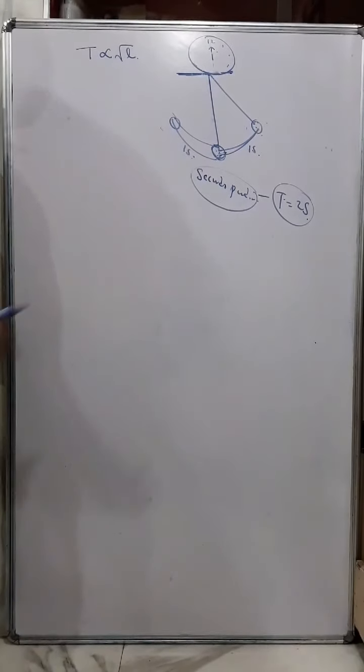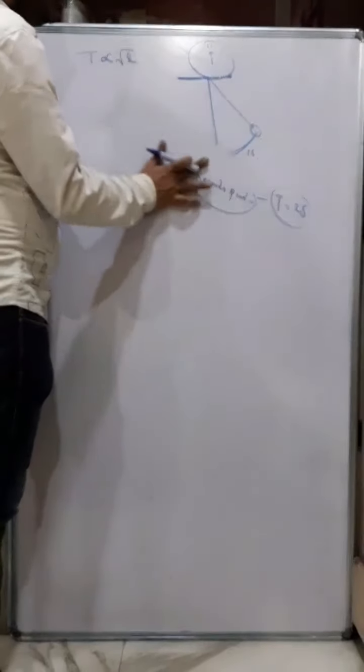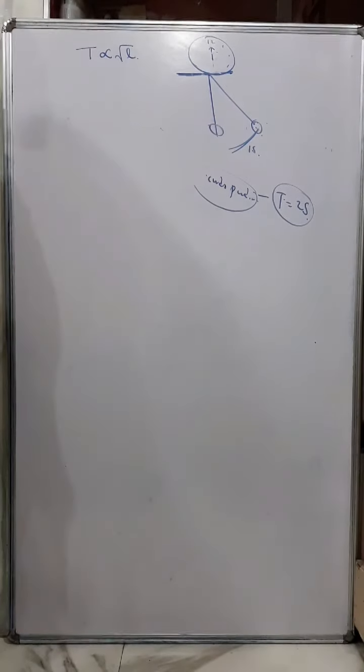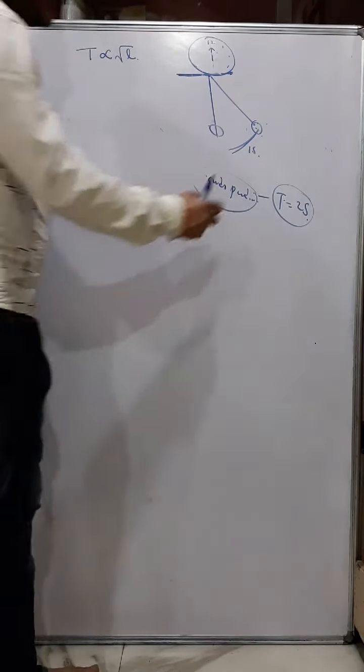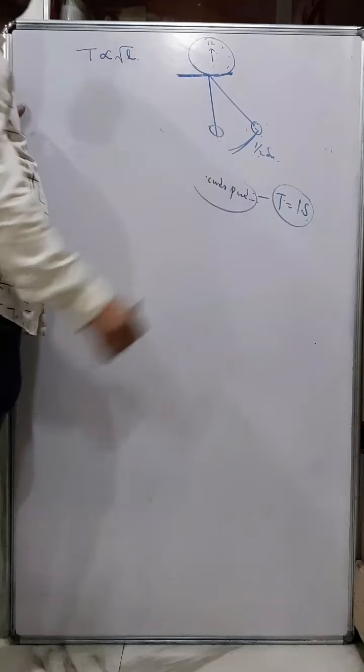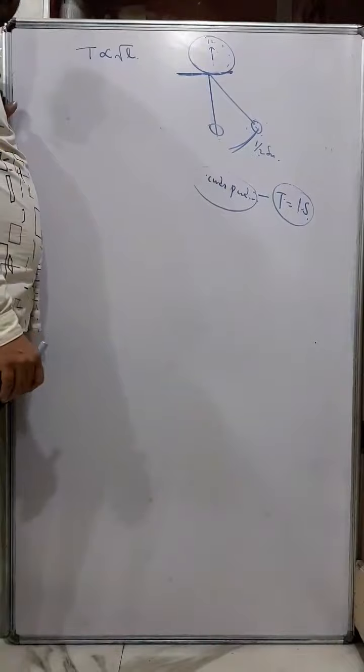Right? Now suppose the length of the pendulum decreases. Now the time period has decreased to 1 second, suppose. That means it will do this half oscillation in half a second. It will complete half oscillation in half a second now.